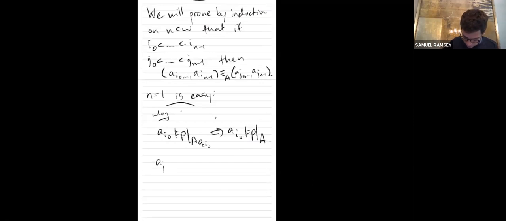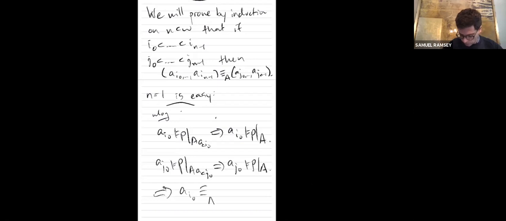Now, A_{j0} realizes P restricted to A less than j0. So A_{j0} realizes P restricted to A too. But P is a complete type over the monster model. So certainly its restriction to A is a complete type over A. So they both realize the same complete type over A. That implies that A_{i0} has the same type over A as A_{j0}.